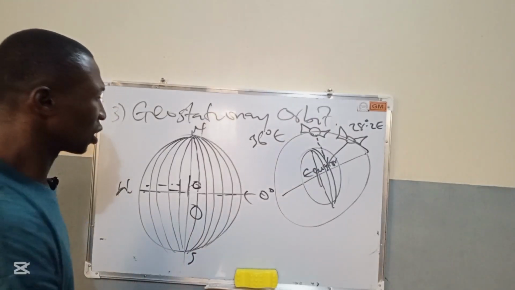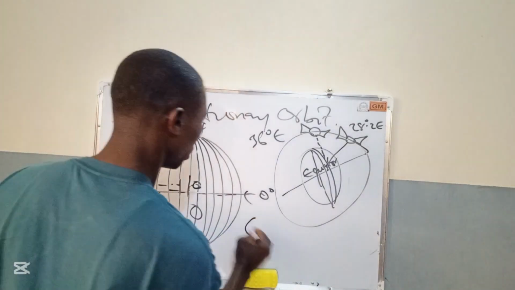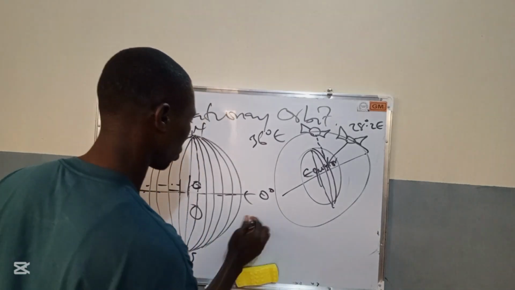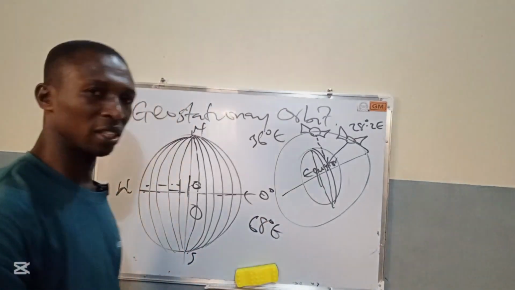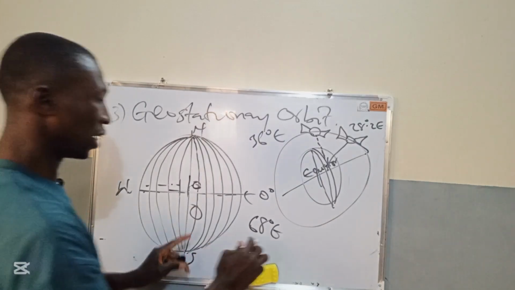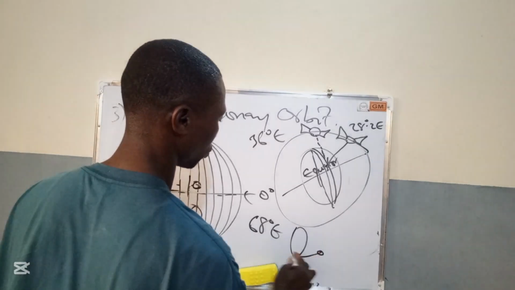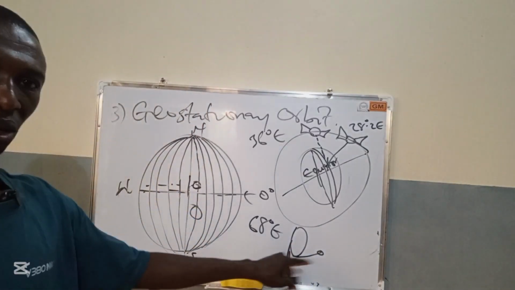Now that is why a dish aligned to a satellite that is 68 degree east, that is the Intelsat 20 satellite, in Nigeria we tend to face somehow this way, pointing down, because that satellite is farther away.